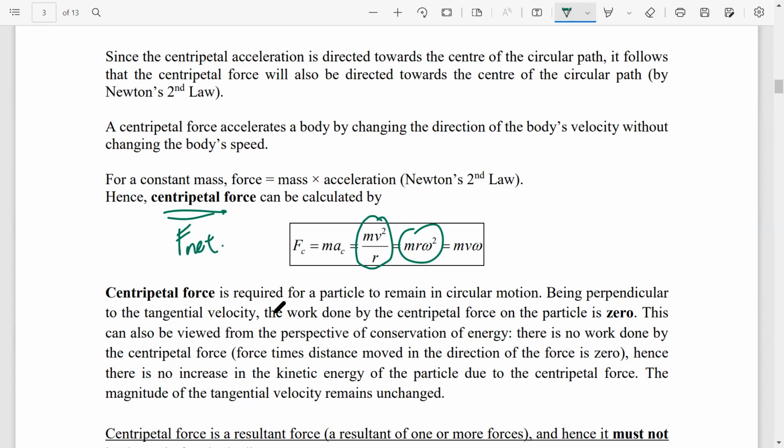Just that it doesn't cause an increase in the speed, but it causes a change in the direction. So when we want to calculate centripetal force, we calculate it by looking at the free body diagram and calculating the resultant force. The resultant force itself is the centripetal force.